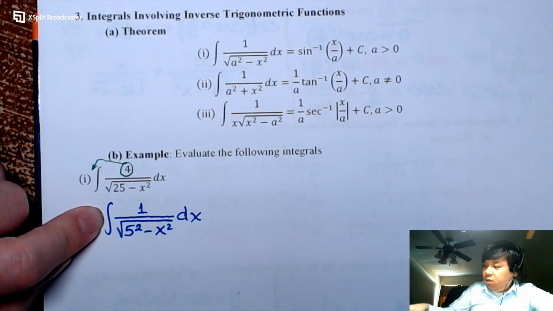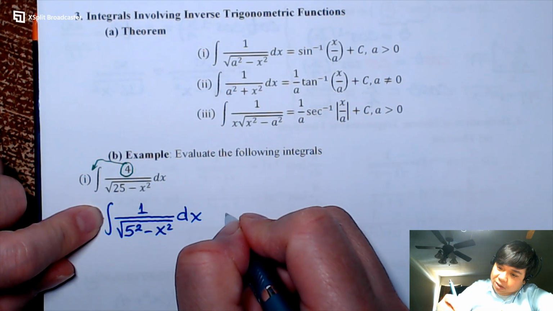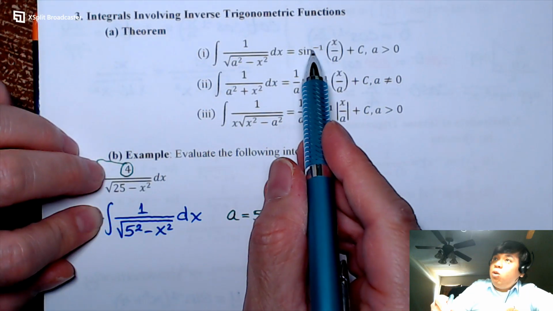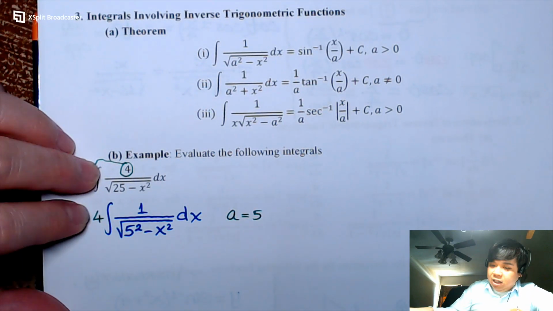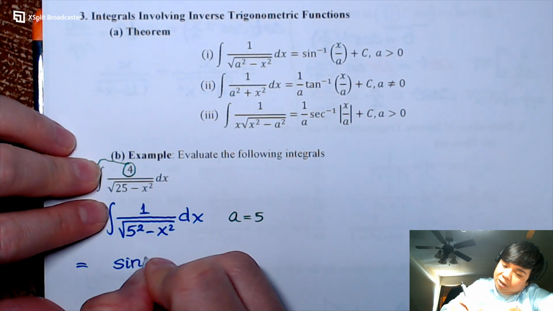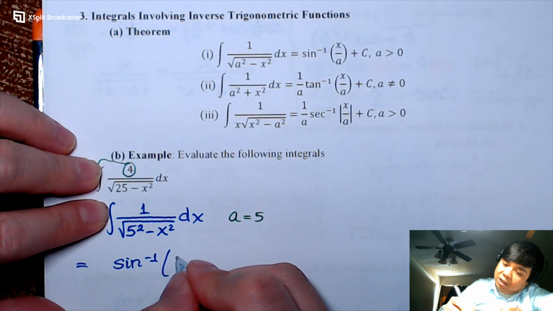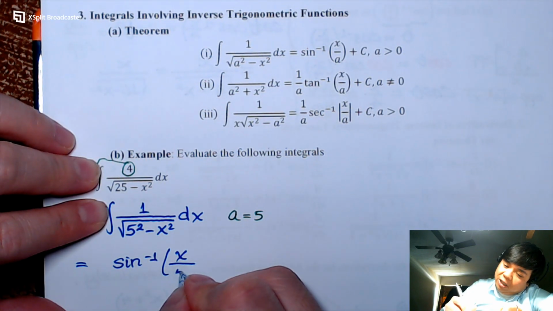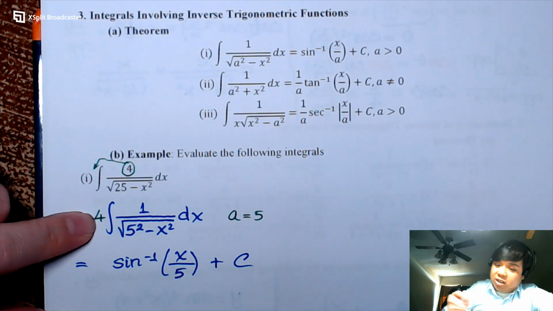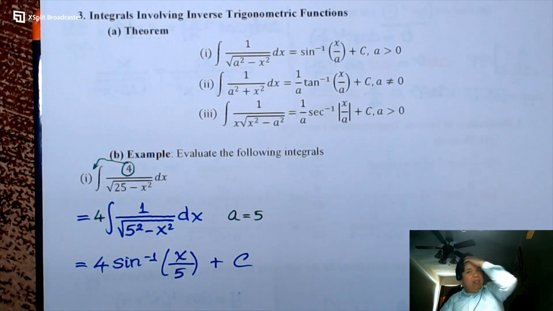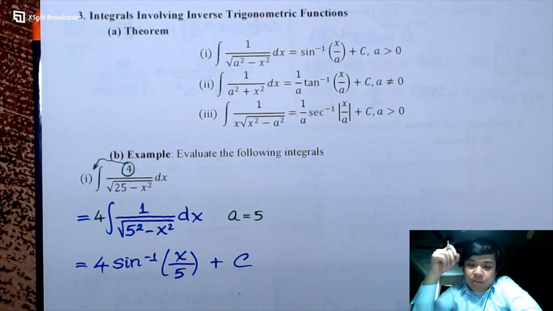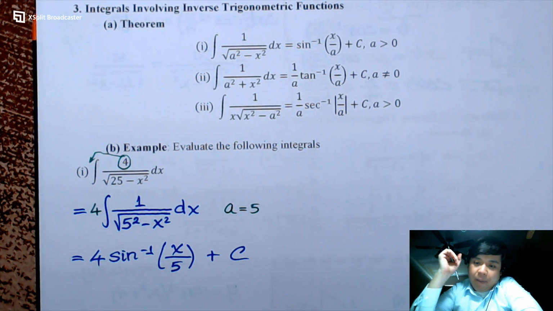The a is equal to 5. And the integral for that is equal to sine inverse of x over a, plus c. That's it. Oh, there's a 4 in front. There. Yeah. So there's a formula. Just make sure it is in the right form, and we can use it.